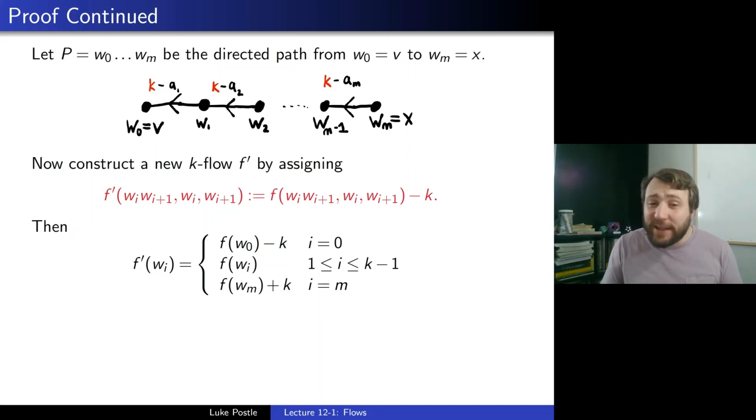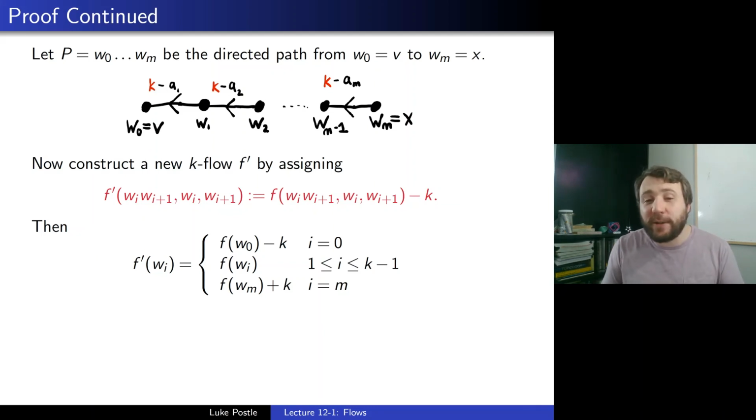Now, what happens at W0 and WM is, at W0, you had a negative A1 before, if pointing toward you, and now you have K minus A1. So what ends up happening is you have K more coming in. So your total net flow has gone down by K, right? I subtracted K going out. So my total net flow is now F of W0 minus K. And what about for X, also called WM?